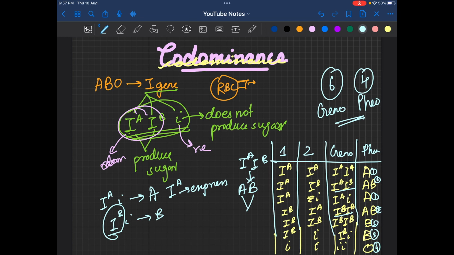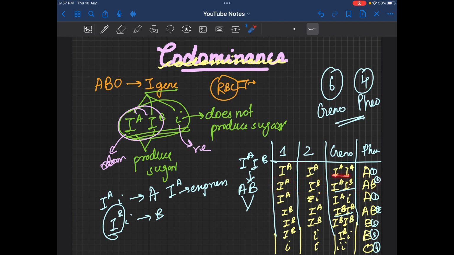Okay, so this is basically codominance. Now let's recap. Basically, codominance is a deviation from normal dominance, in which the offspring can possess both the characters of the parents, and we have a very good example, ABO blood grouping in the human body. From that blood grouping, if IA and IB come together, we have AB.